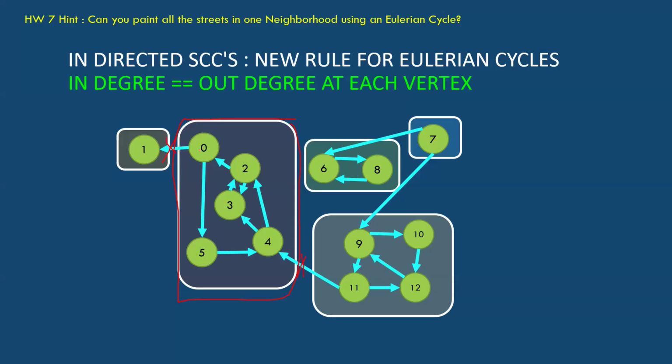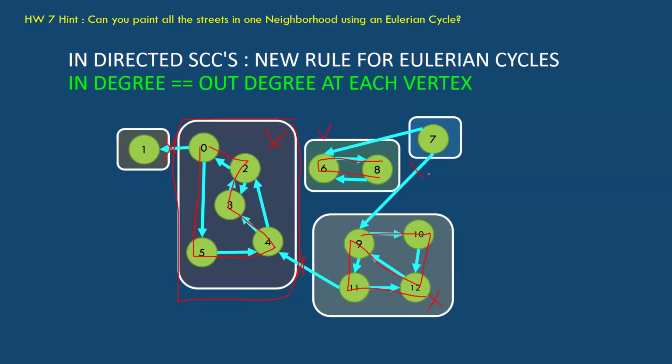We just want to know if it's possible to hit every edge without repeating an edge and get back home again. So we can't do it there. We can do it here, so that's a good one. And we can't get back home again here, so that's not really one there.